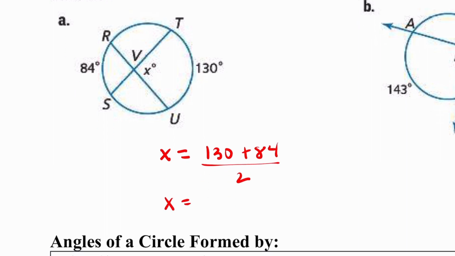And x is equal to 214 over 2. If I divide 214 by 2, that's 107 degrees. So if this here is 107 degrees, that means that this angle is also 107 degrees because of vertical angles.